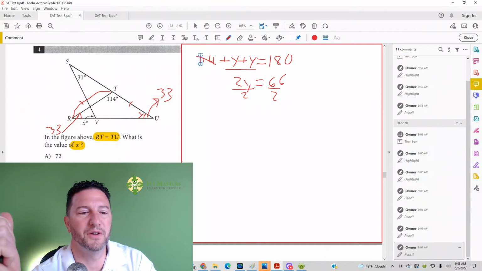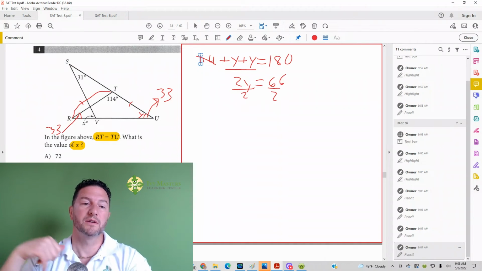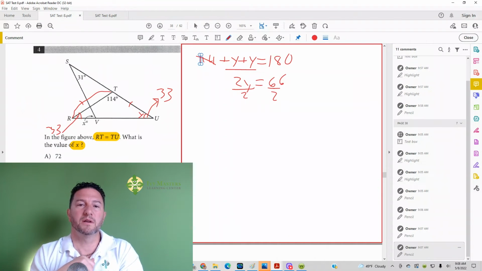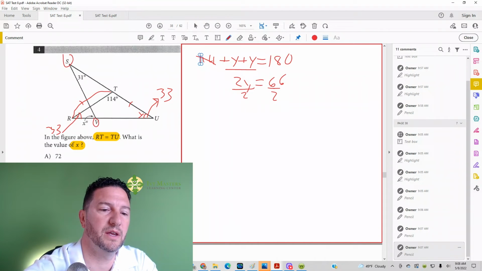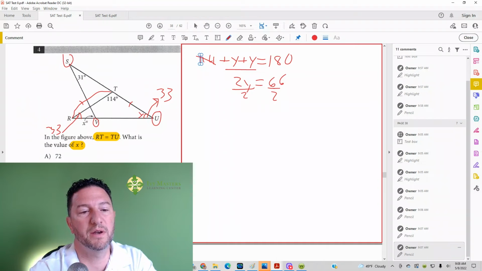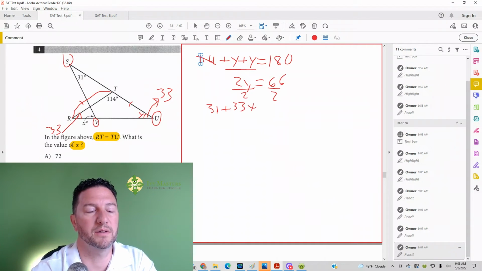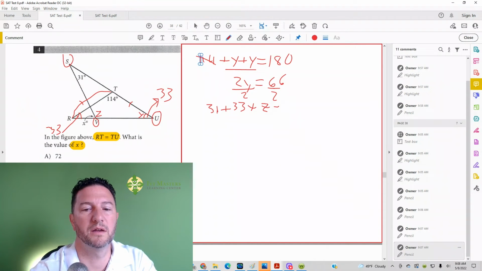Now where to go? There's actually a shortcut which would only require one more step. It's unlikely you're going to use this shortcut, so I'm going to do it the long way, and then I'm going to do the shortcut. Now if you see this giant triangle SVU, that's also got to add to 180. 31 plus 33 plus, we'll call it Z, plus Z equals 180.